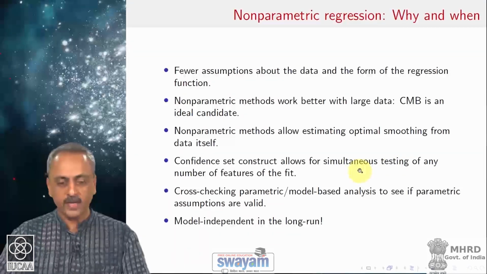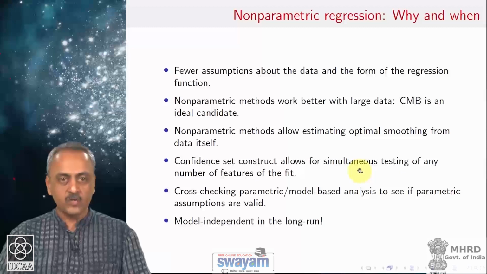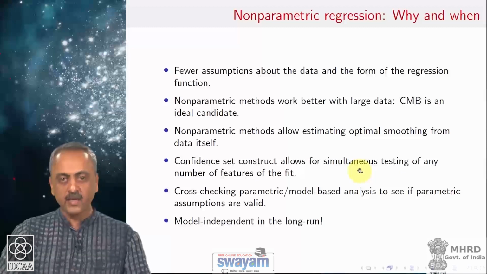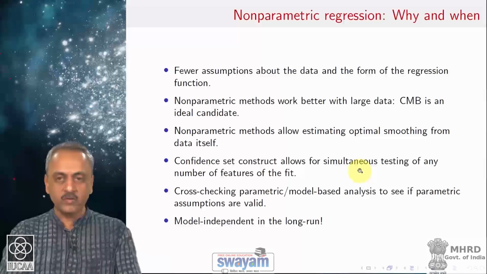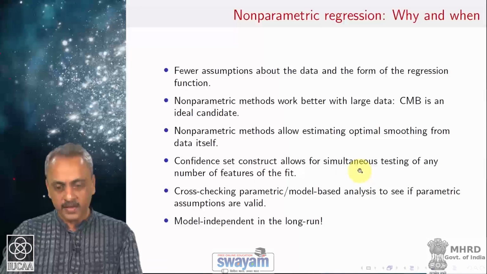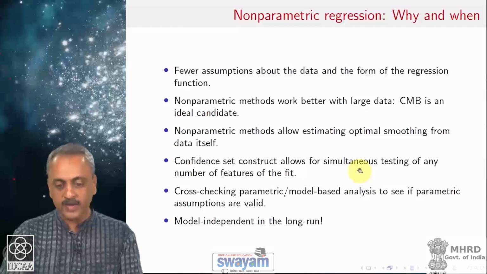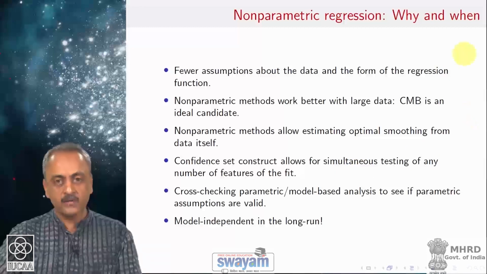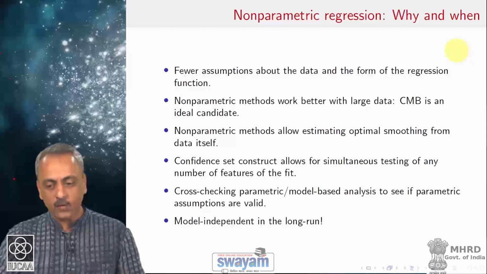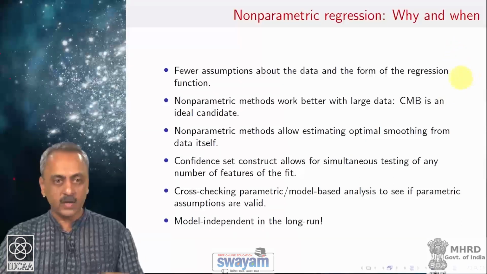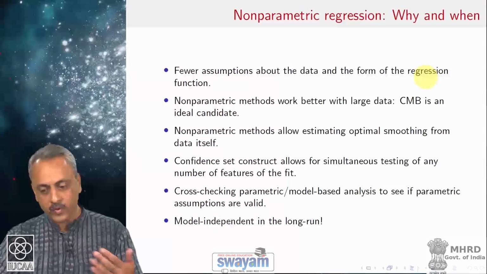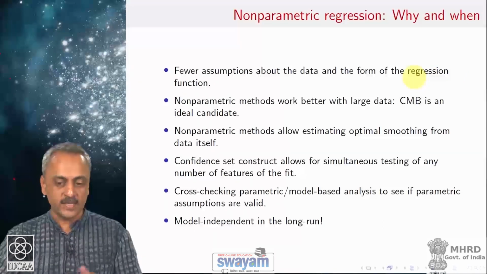For example, if you say that the underlying dependence of y on x is linear, you are already saying that your underlying model is linear and the parameters of the model, which are the slope and the intercept, are to be estimated from the data, whereas non-parametric methods will try to avoid making these kinds of assumptions about whether the data is linear or quadratic or quartic. Is it polynomial, is it exponential?